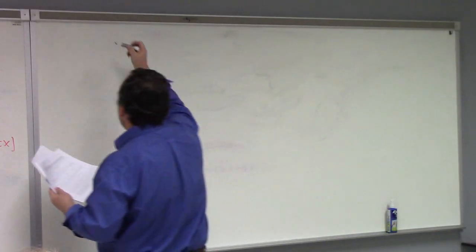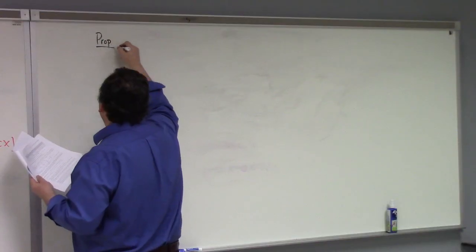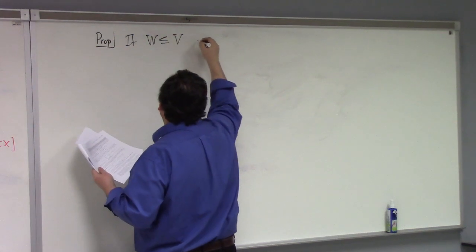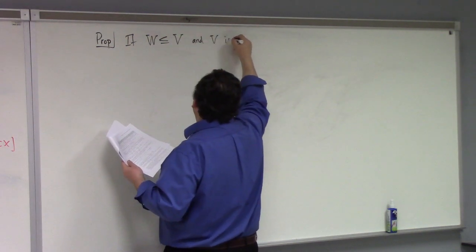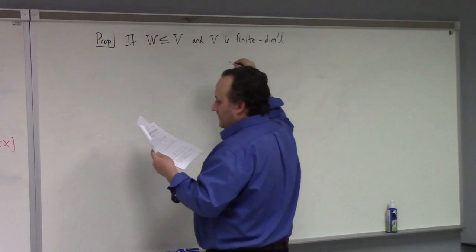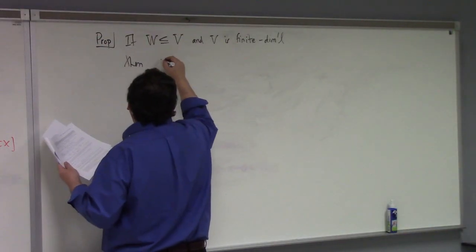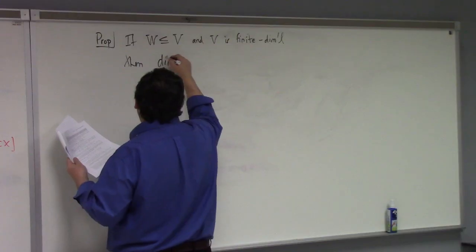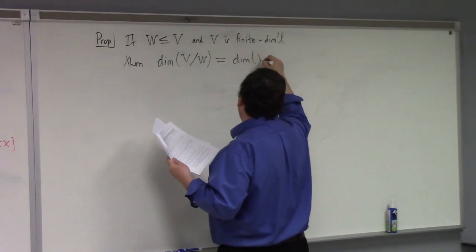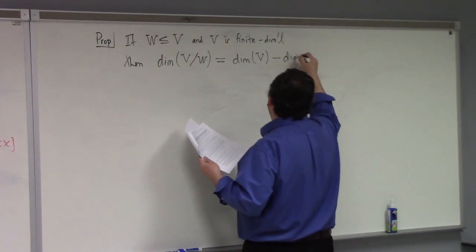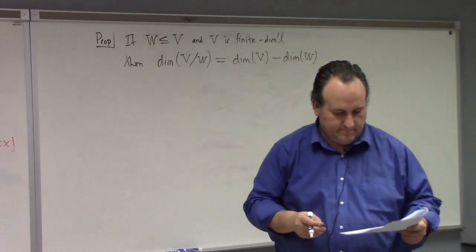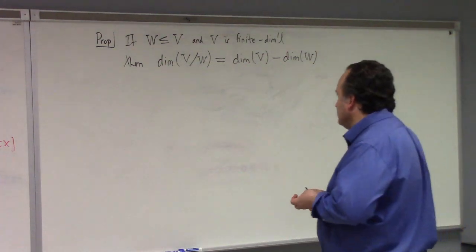And so one of the things we can prove, proposition, is that if W is a subspace of V, and V is finite dimensional, all right, then the dimension of V by W is actually equal to the dimension of V minus the dimension of W. All right?